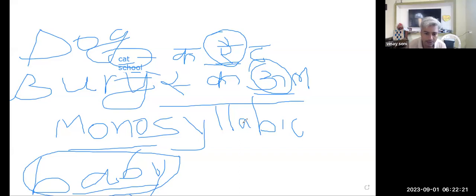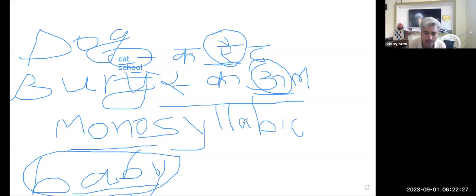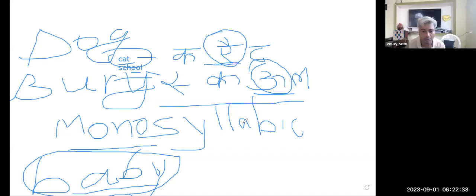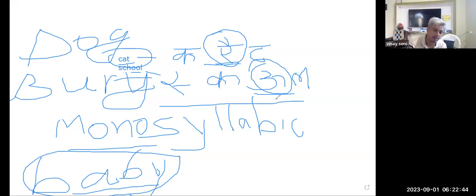Say, yes, it is a monosyllabic word, or no, at least make that clear. Is baby a monosyllabic word? No, sir. It is not. That sounds clear. Okay, Juhi, what do you think? It is not a monosyllabic word, you are saying.